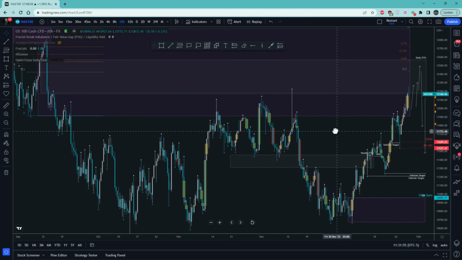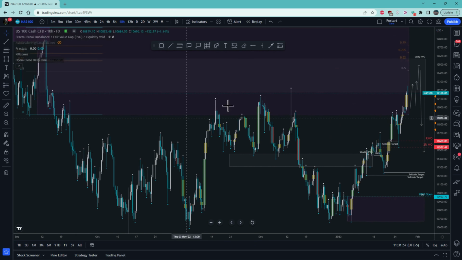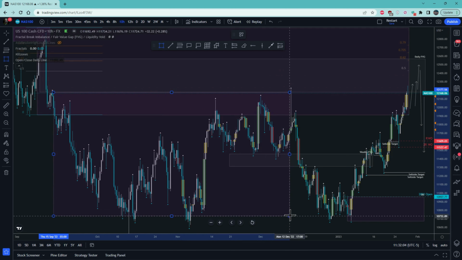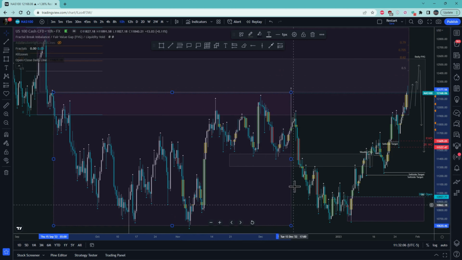Looking on this time frame, everybody who has been short between this point and this point were not offered a better price to go short from. And by price trading here, it has put all short positions underwater that were open between these 2 points in time.